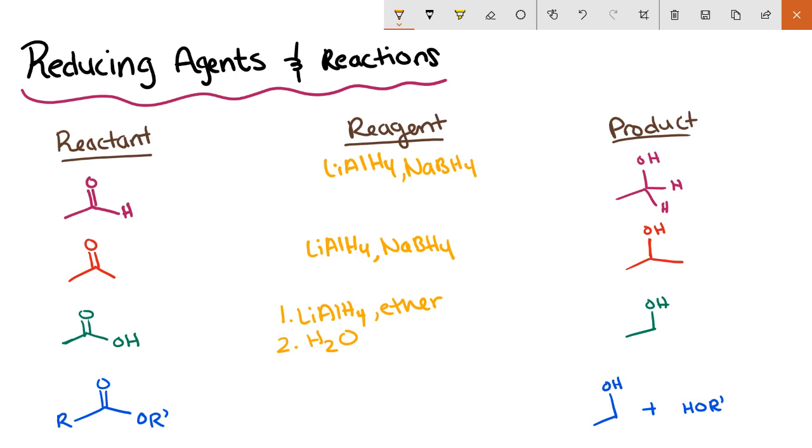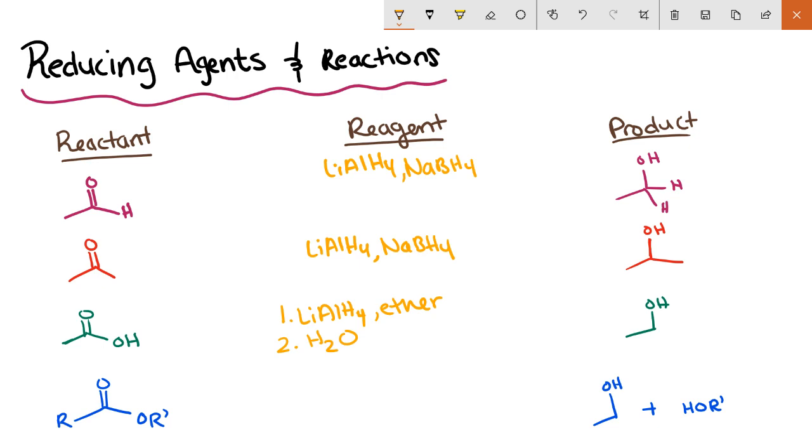So now our last one in blue shows an ester. So this is an ester molecule, and this is really interesting because it has 2 different R groups, but we want to take it to a primary alcohol, actually 2 primary alcohols we've got here.